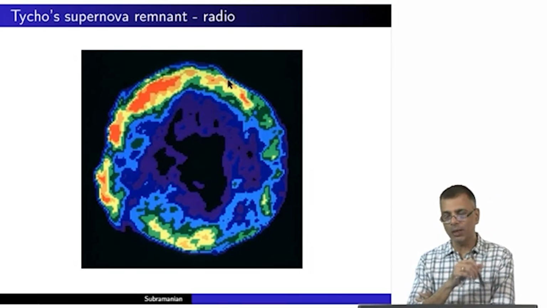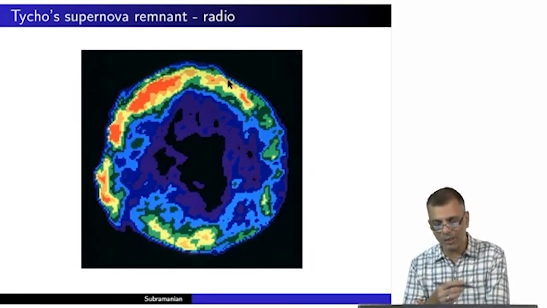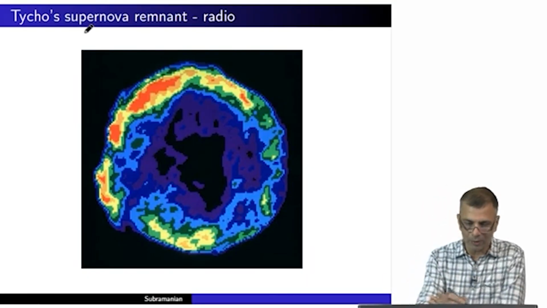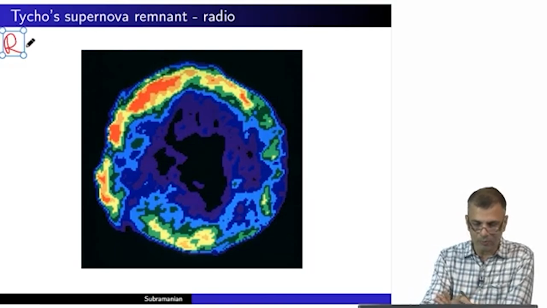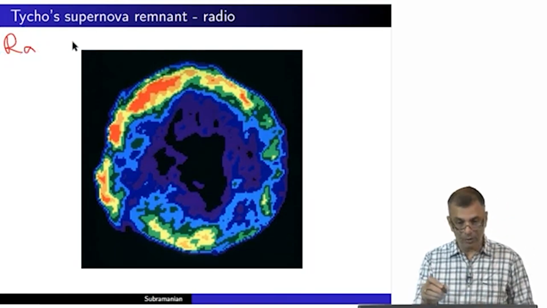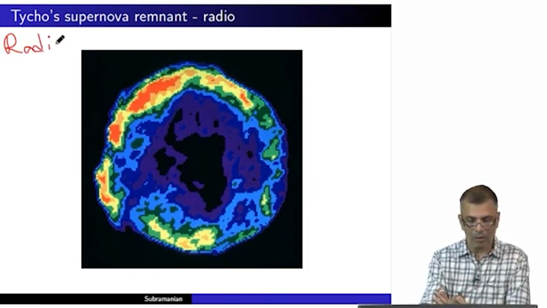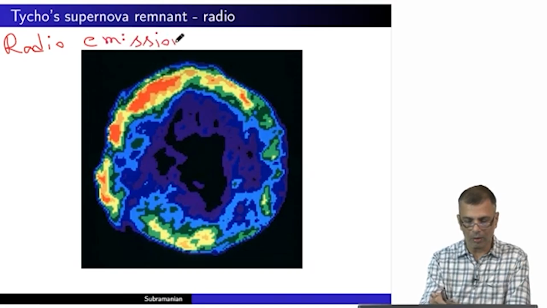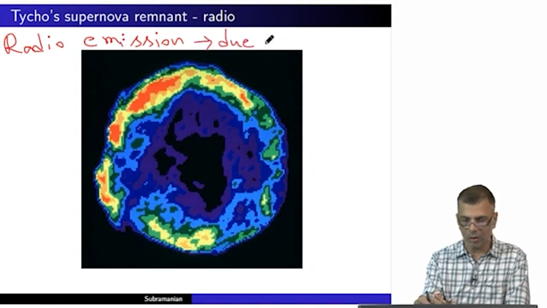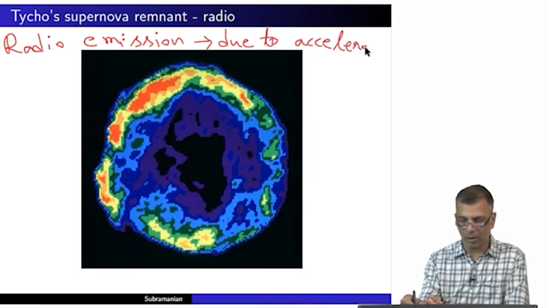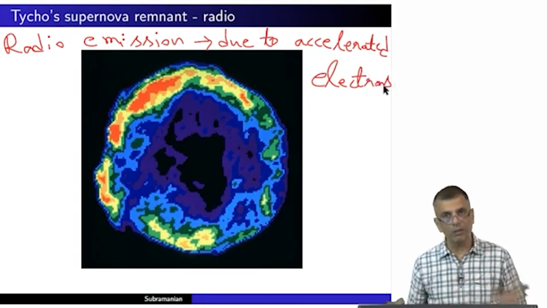And we know that this radio emission is due to accelerated electrons, or non-thermal electrons.